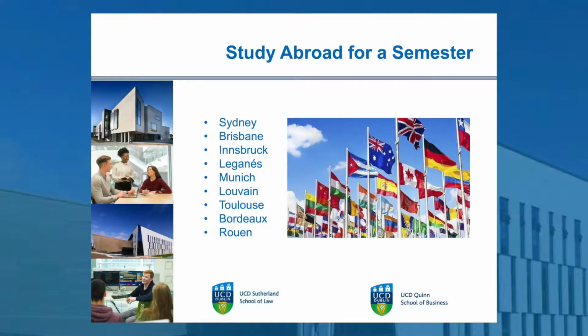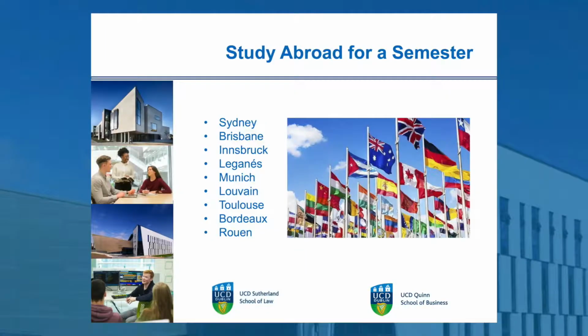Also, as part of our business and law degree, you will have the opportunity to study abroad with one of our partner universities in some of these cities. So from Australia to Germany to France, we have partnered up with excellent universities, ensuring you can maintain the same standard of education that you've been receiving here between our law school and our business school, and also developing yourself personally and expanding your social network and your cultural network also.